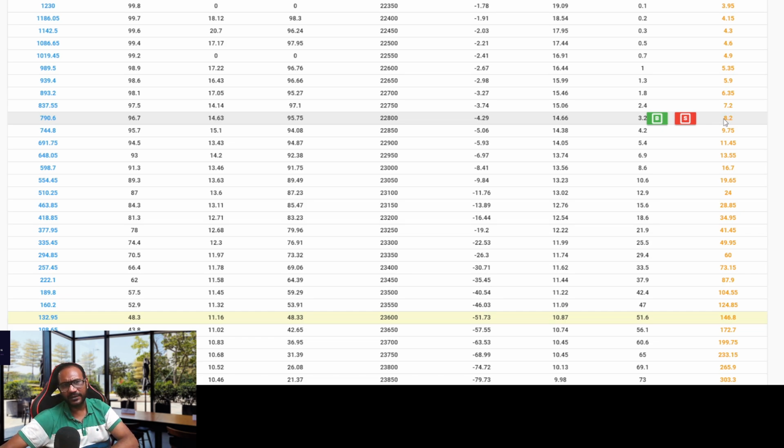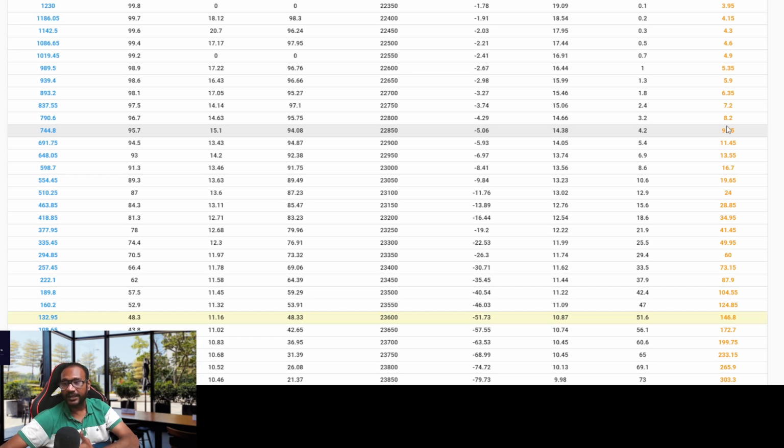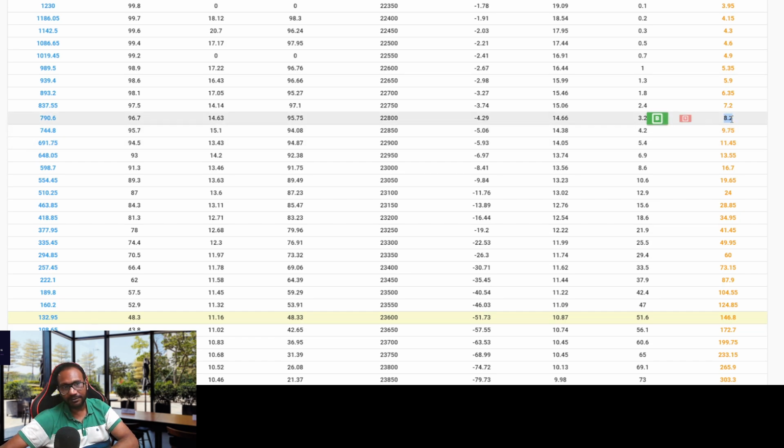Probably this would go to maybe 120, 130 or something like that. Maybe if the market crashes too fast, then the implied volatility and Vega effect will take care of it, and then it might even reach 200. That is the kind of potential. Something like a black swan event that we saw on that event day, June 4th. If something like that happens, the value of this will be far higher than the put that I have sold.